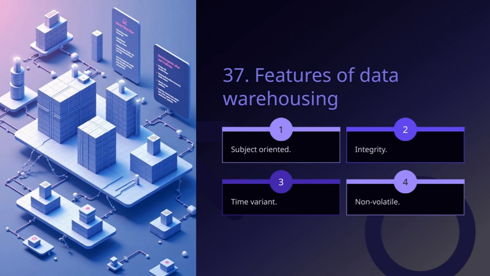This focus helps us analyze data more meaningfully and supports decision-making tailored to particular business functions. Together, these features, non-volatility, integrity, time-variant, and subject-oriented, are what make data warehousing such a powerful tool for consolidating and analyzing large amounts of data efficiently and reliably.